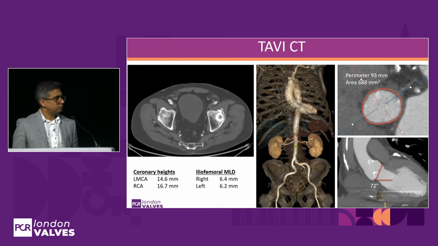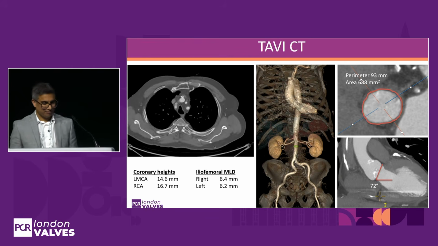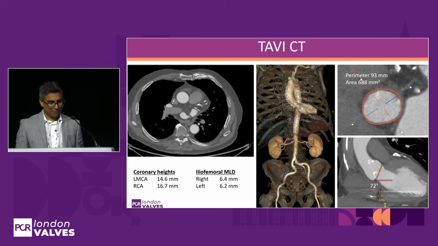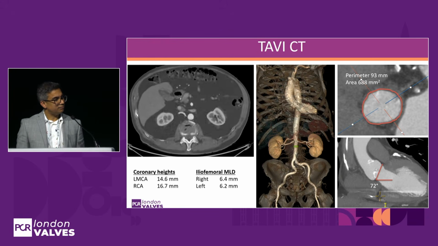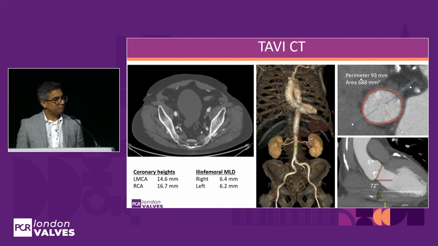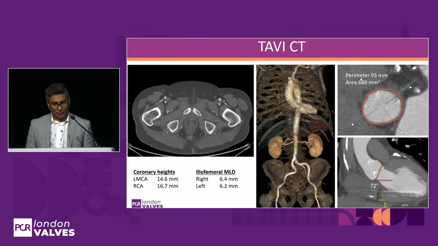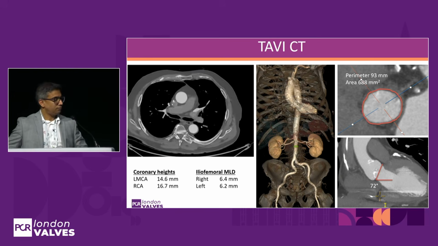Thanks, Maurizio. This is kind of an Australian case, isn't it, Virag? Big gentleman, big annuli. And he does have comorbidity with some left ventricular dysfunction as well. Nothing really precludes most of the available TAVI devices. In our centre, we would be looking at either a balloon expandable or a self-expanding valve.